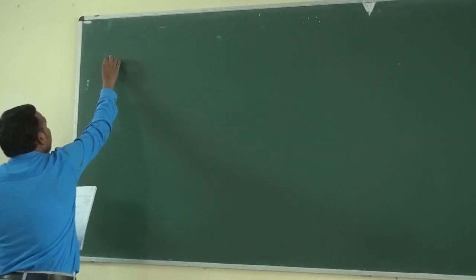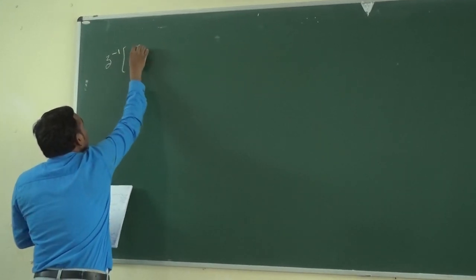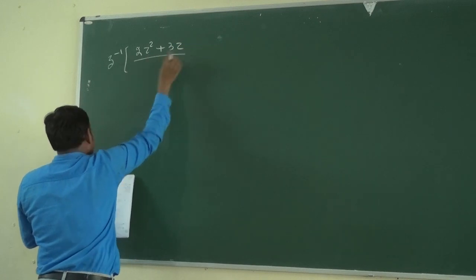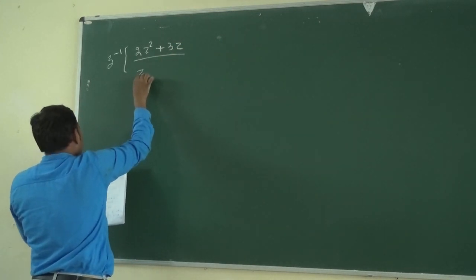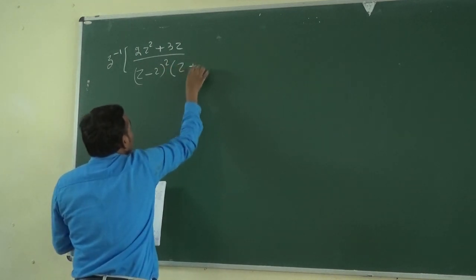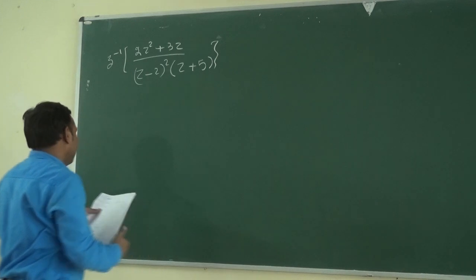Now, find the inverse z transform of (2z^2 + 3z)/((z - 2)^2 (z + 5)).